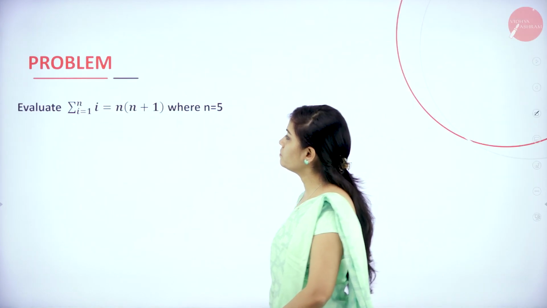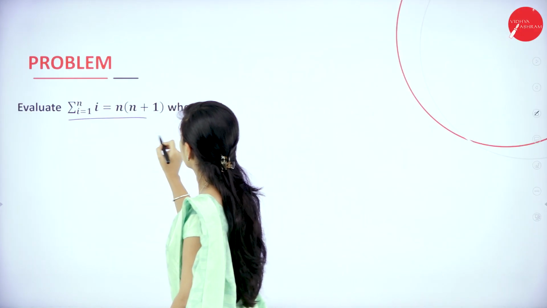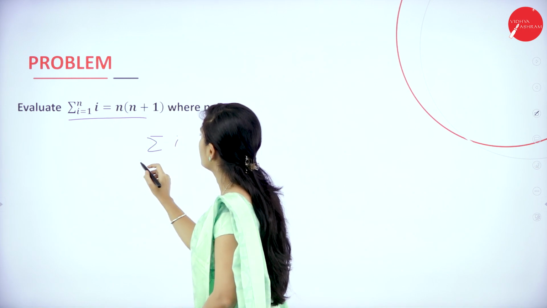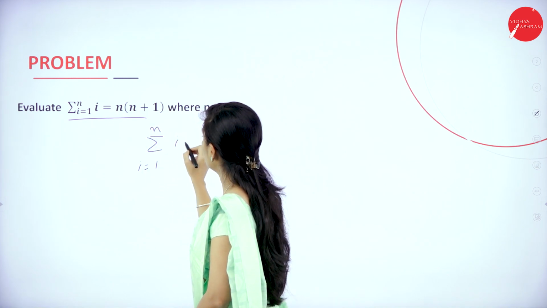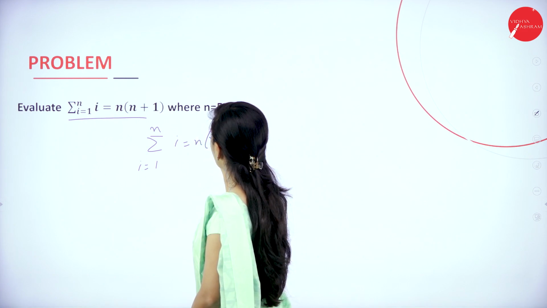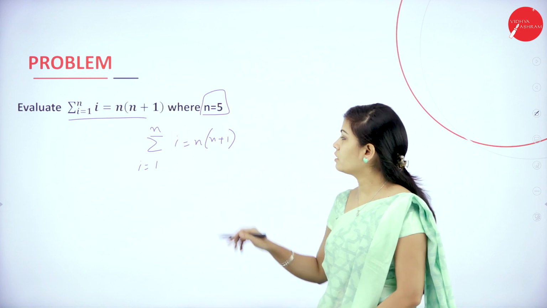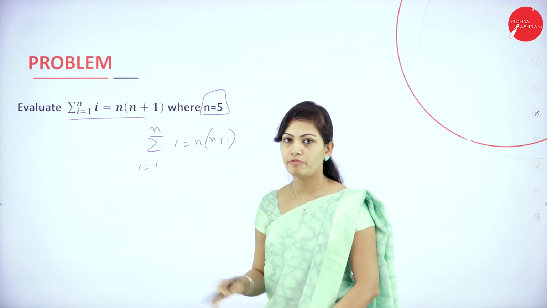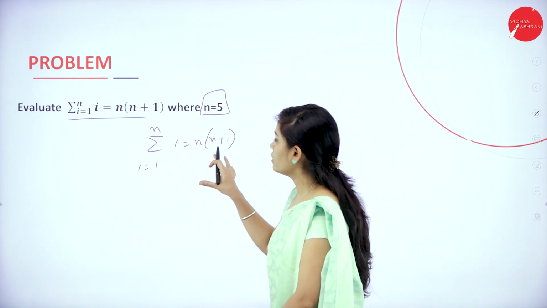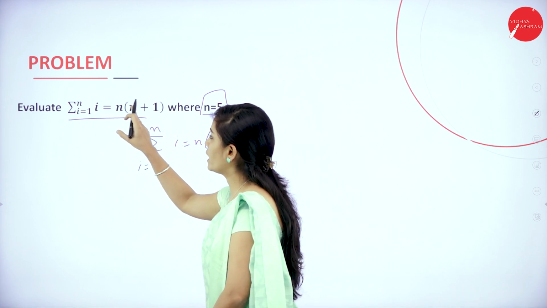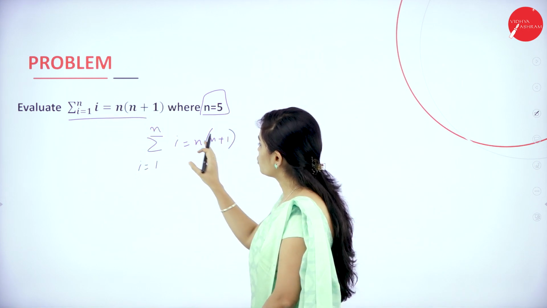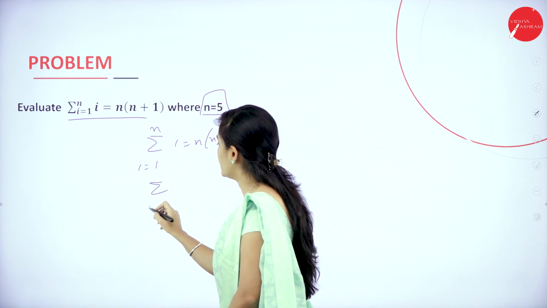And the next problem: evaluate sigma i, i equals 1 to n, is equal to n into n plus 1 by 2, where n equals 5. They have given the value of n. So we have to prove that the LHS value is equal to the RHS value. First I will simplify the LHS.